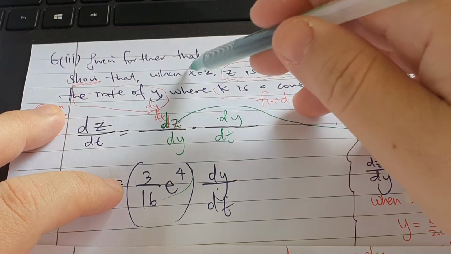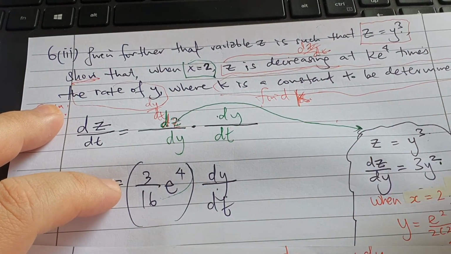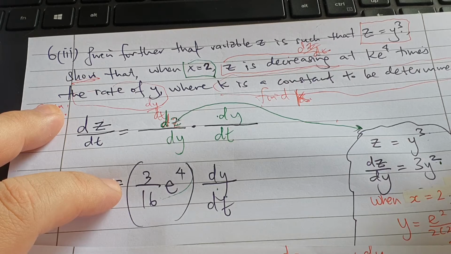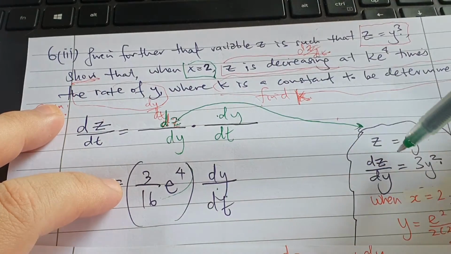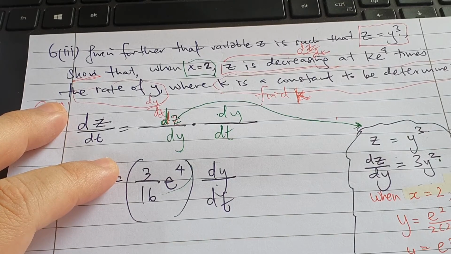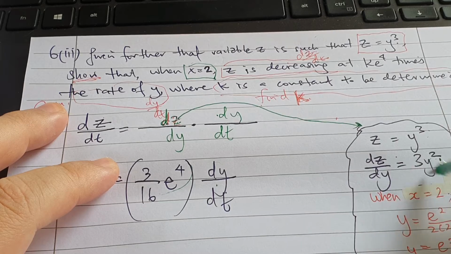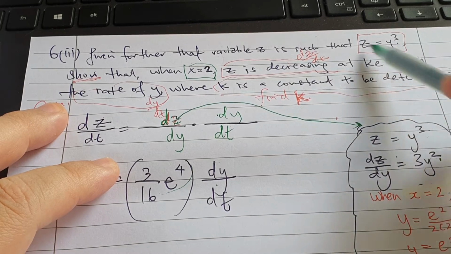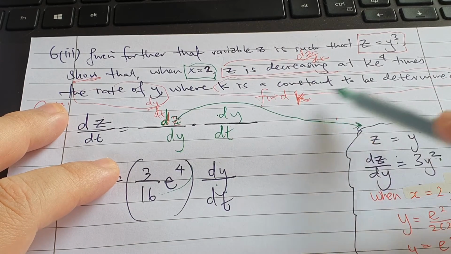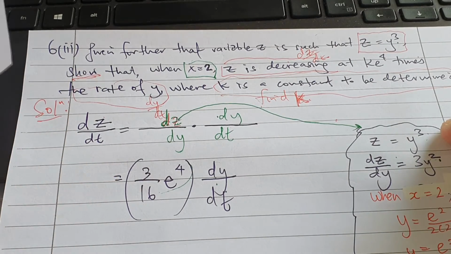And because all these things happen when x equals 2. It doesn't happen at x equals 5, 10, 20, minus 2, whatever. It happens only at x equals 2. So you sub x equals 2 inside, and you will find that there is no x here. But the previous part, actually all these questions are linked.